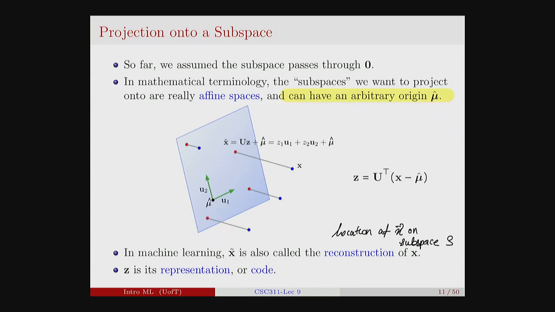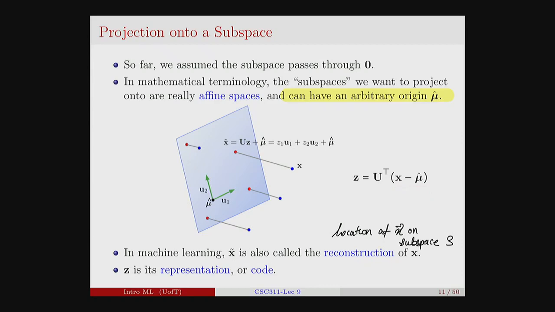So we move from shifting on to subspaces that intersect with the origin to thinking about shifting to projecting on general affine spaces. And if we have general affine spaces that are characterized by this mu hat, then it's still really easy to know how to project onto them, because the projection operation is given to us by u transpose (x minus mu).